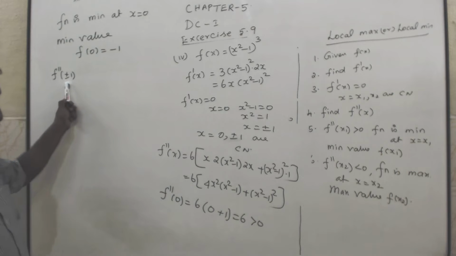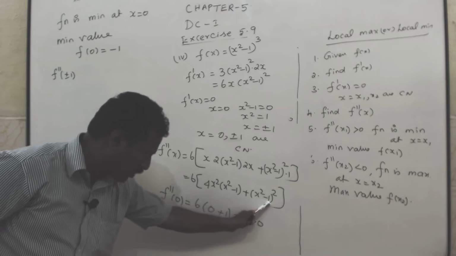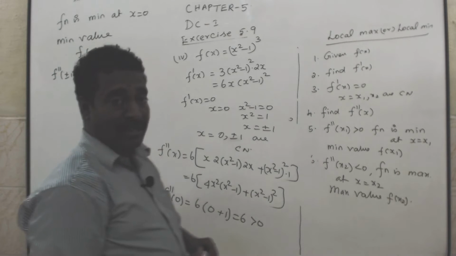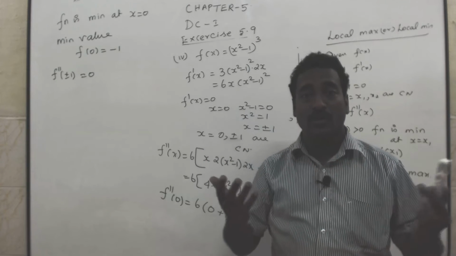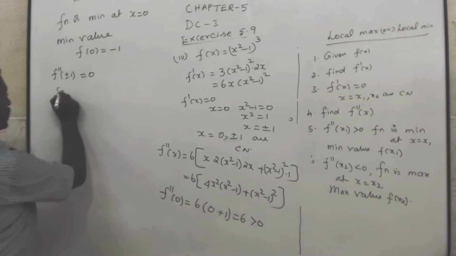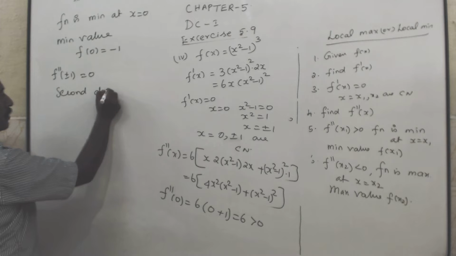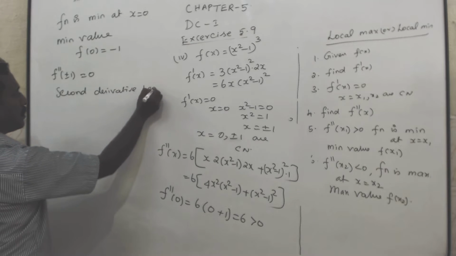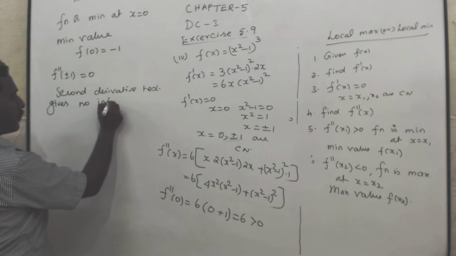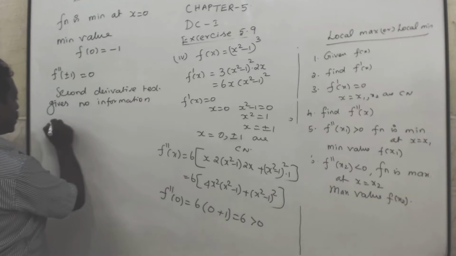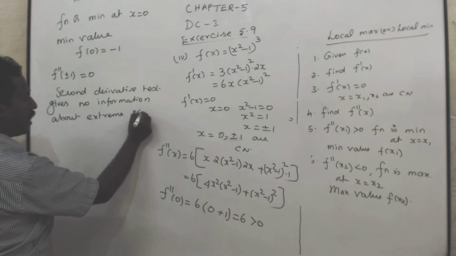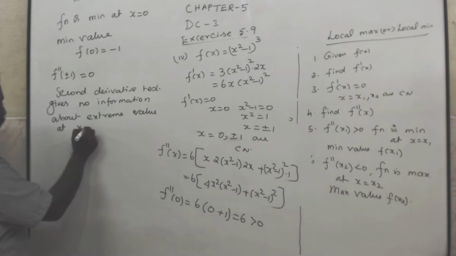So when we put x is equal to 1 or minus 1, this becomes 0, this also becomes 0, f double dash 0. f double dash 0 means the second derivative test gives no information about extreme value at x is equal to plus or minus 1.